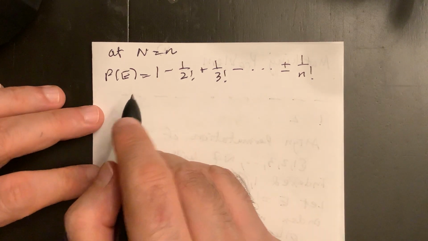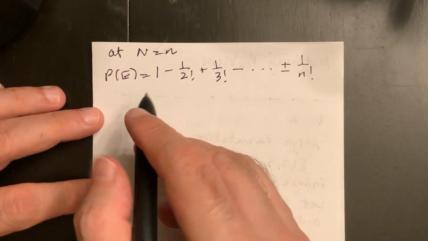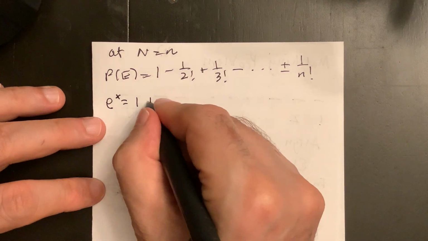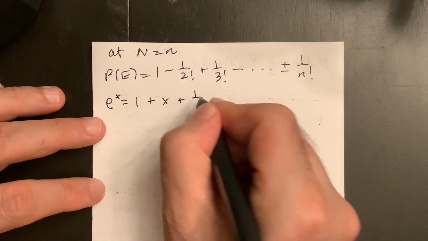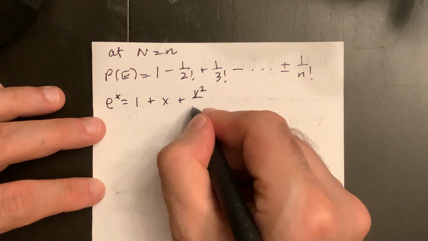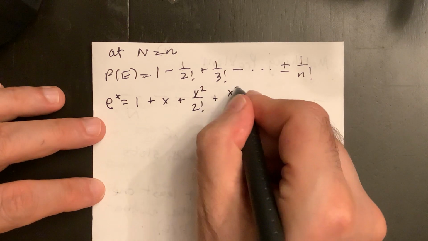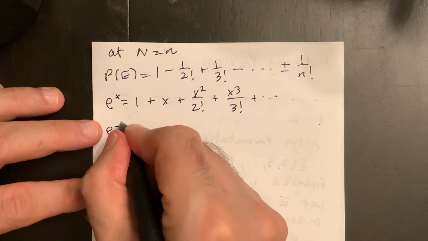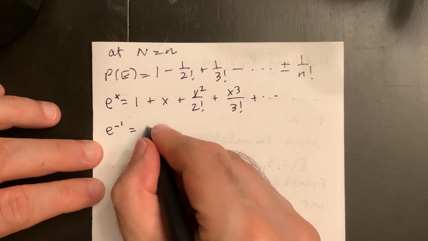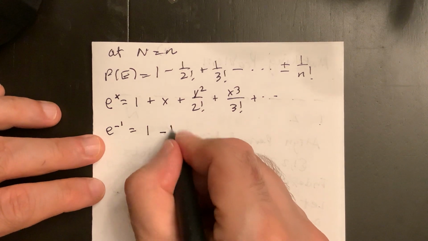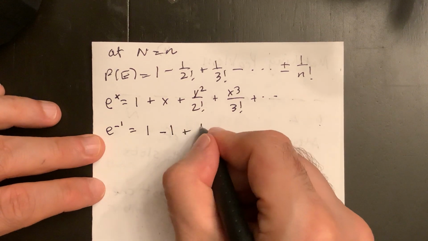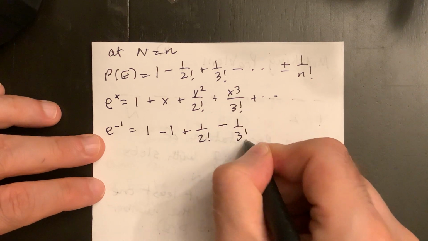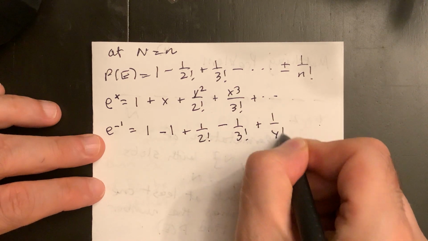Now, you'll remember e to the x is equal to 1 plus x plus x squared over 2 factorial plus x cubed over 3 factorial. So e to the minus 1 is equal to 1 minus 1 plus 1 over 2 factorial minus 1 over 3 factorial plus 1 over 4 factorial, etc.